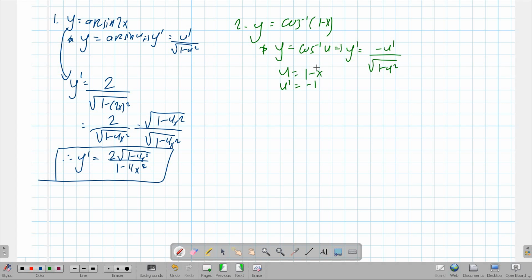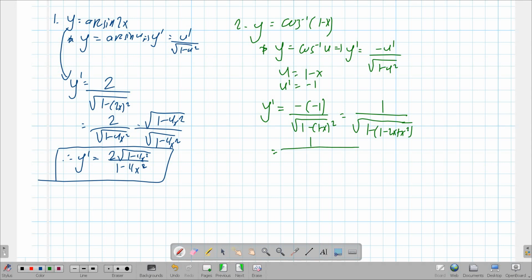Therefore, y prime will be equal to the negative of negative 1 over the square root of 1 minus (1 minus x) squared. This becomes positive 1 over the square root of 1 minus 1 plus 2x minus x squared. The 1s cancel, so we get 1 over the square root of 2x minus x squared.